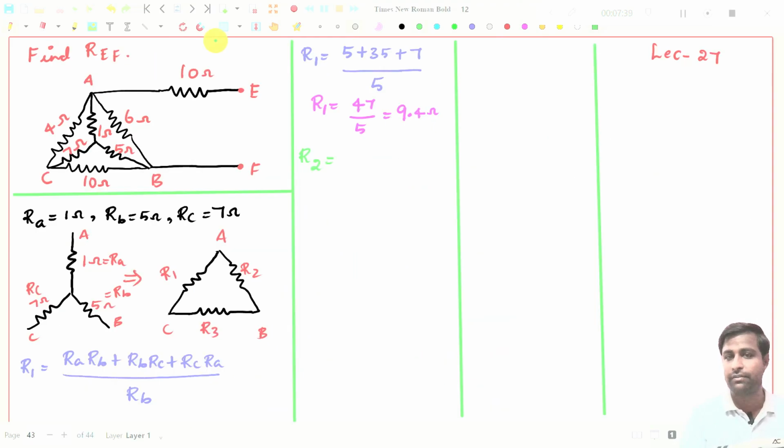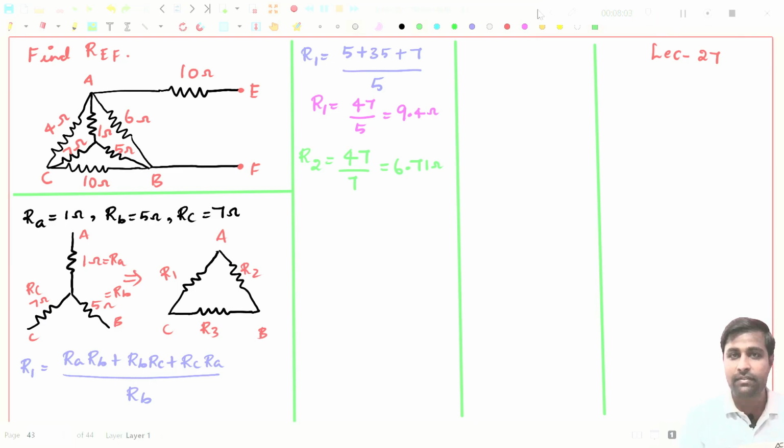That is why I have written this very clearly. So this is 47, and the denominator is RC. What is RC? RC is 7 ohms, right? So 47 divided by 7 is 6.71 ohms, right? That is the final answer.